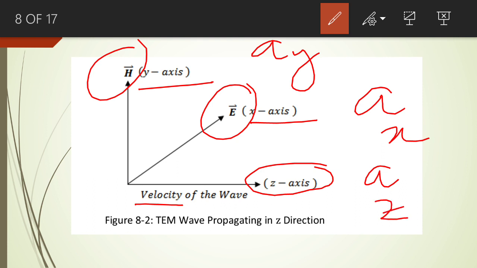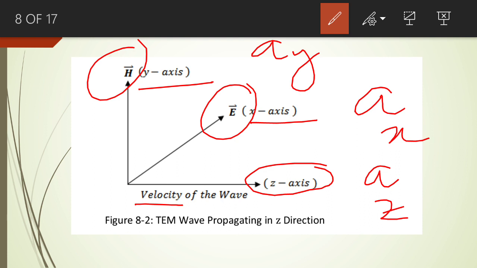So the electric field intensity of the transverse electromagnetic wave is normal to the magnetic field intensity, and these two fields are normal to the direction of the propagation of the wave, the direction of the motion of the wave, the direction of the speed of the wave, the direction of the velocity of the wave.